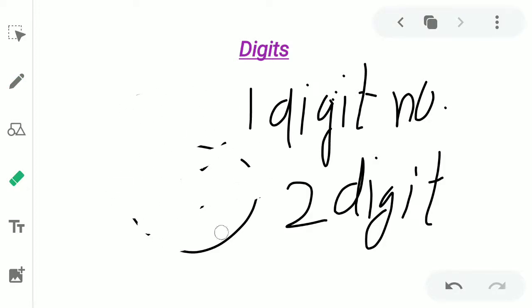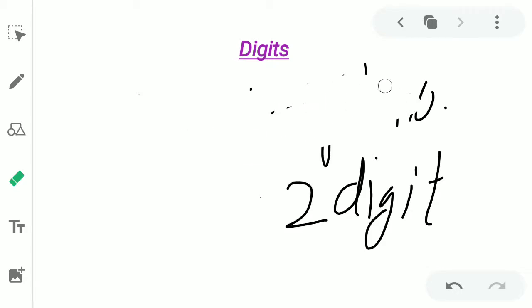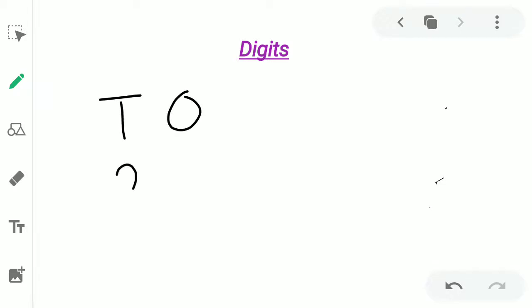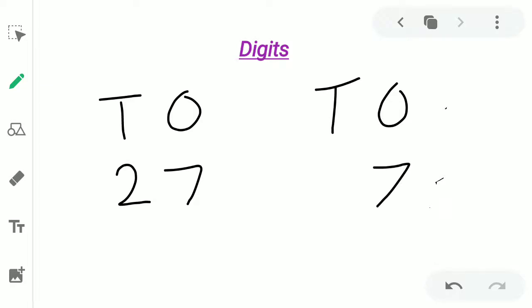If I write the numbers using the concept of tens and ones, then it will be more clear to you. Let me write here tens, ones. I have written 27 here. यहाँ पे भी I have written tens and ones, and I have written 7 here.